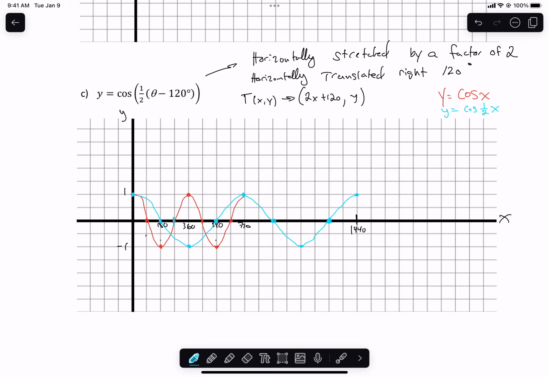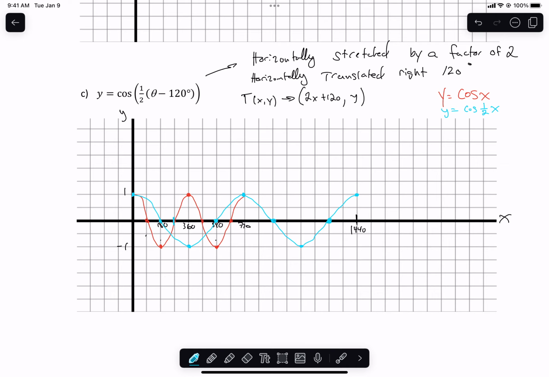Like how many boxes? 1.5. Yeah, I think this was actually a really nice scale, because 120 is exactly halfway between 90 and 180, right? And so we're going to count by 1.5 boxes.